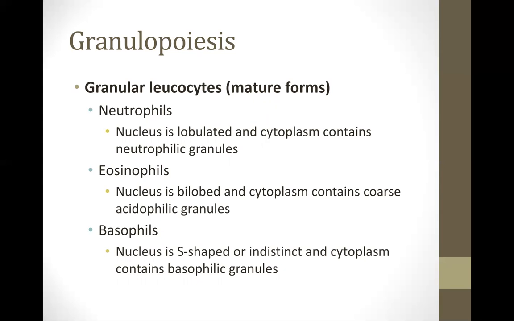One. Eosinophil, one. Basophil, one. Isa lang po ang nucleus nila. Lobulated lang. Ibig sabihin, kapag neutrophil, there are approximately 3 to 5 lobes. Eosinophil is bilobed. And basophil also has two lobes pero one nucleus lang.